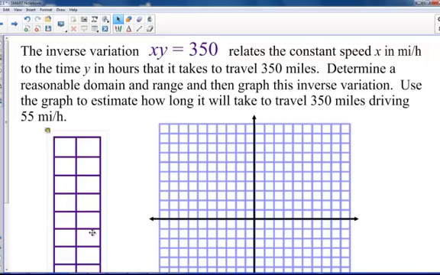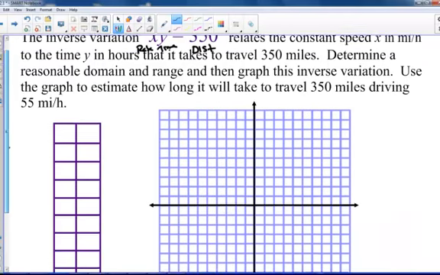So we've got our inverse variation, which is rate times time, because distance equals rate times time. So this is our distance, rate, and time. So we're going to use a graph to estimate how long it'll take to travel 350 miles, driving 55 miles per hour.